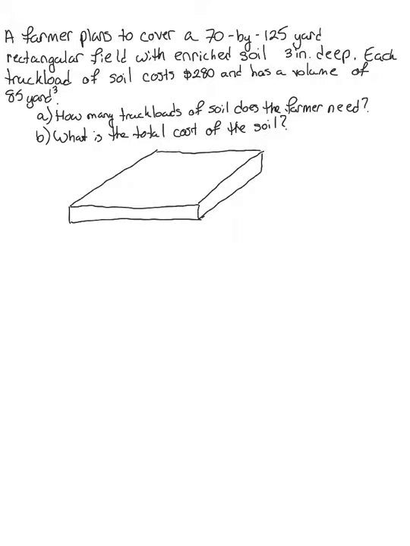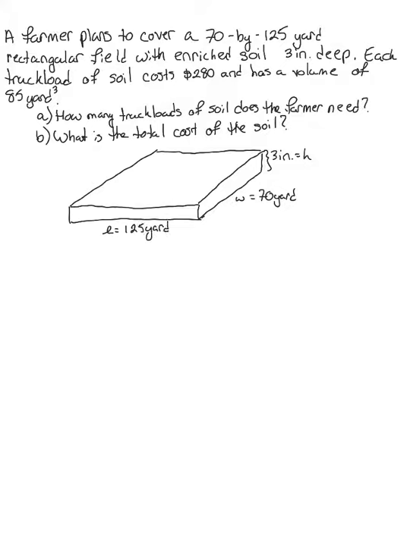So here's our rectangle. This is going to be our height of 3 inches. This is going to be our width of 70 yards. That's the height. And this is going to be our length of 125 yards.